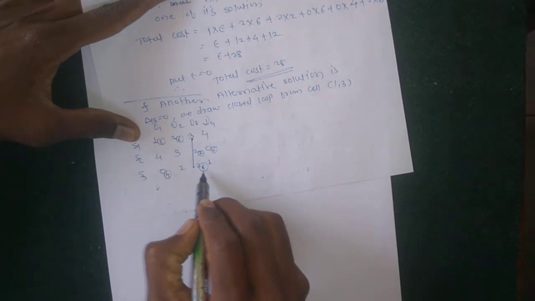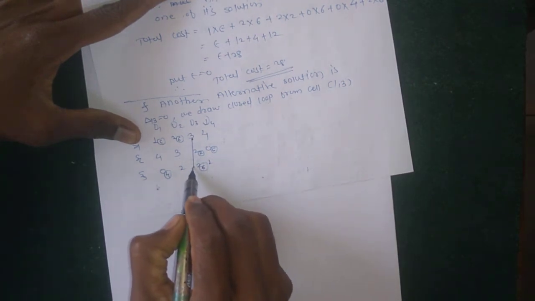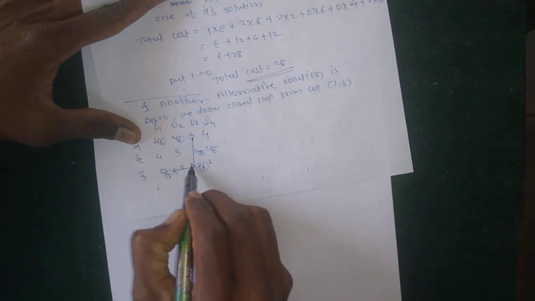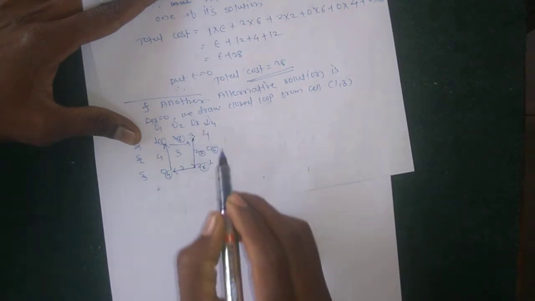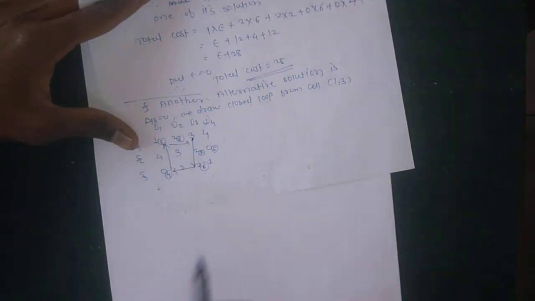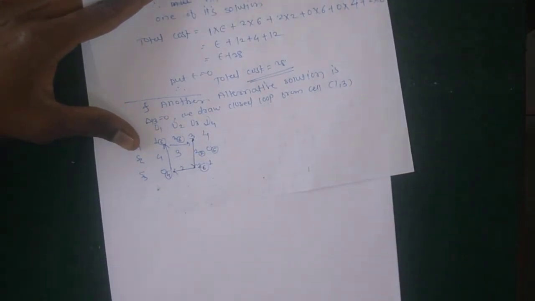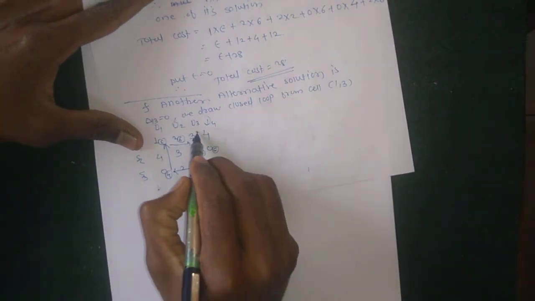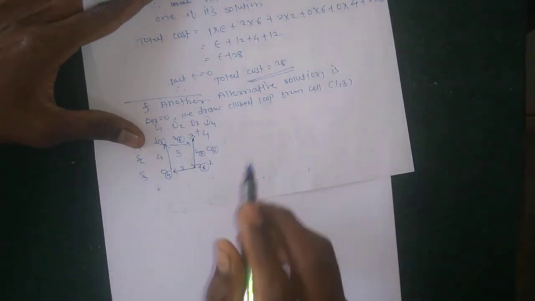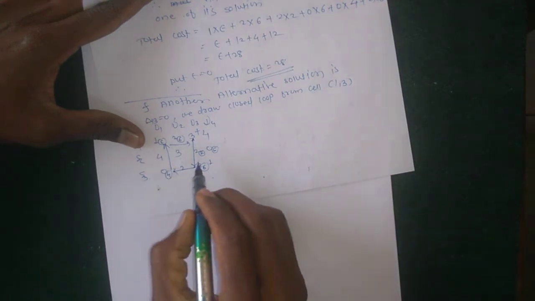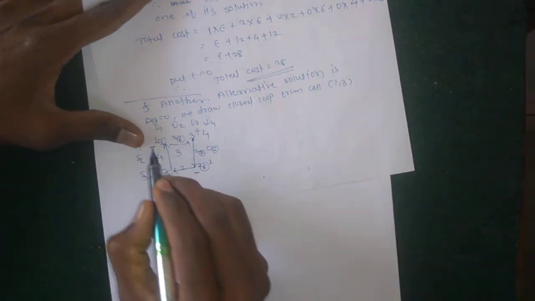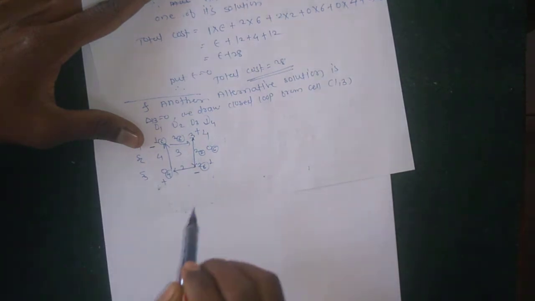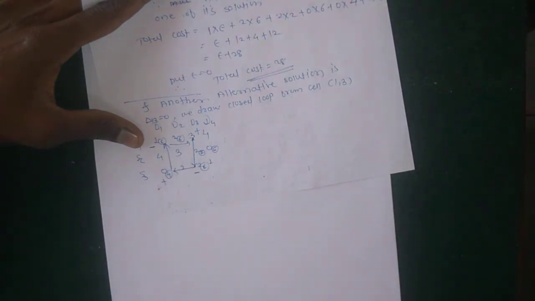This is one allocated cell at a corner, then the second corner, then the third corner, and the last one is the fourth corner. In this way this is our closed loop. A positive sign for the starting cell, then alternating signs: plus, minus, plus, minus.